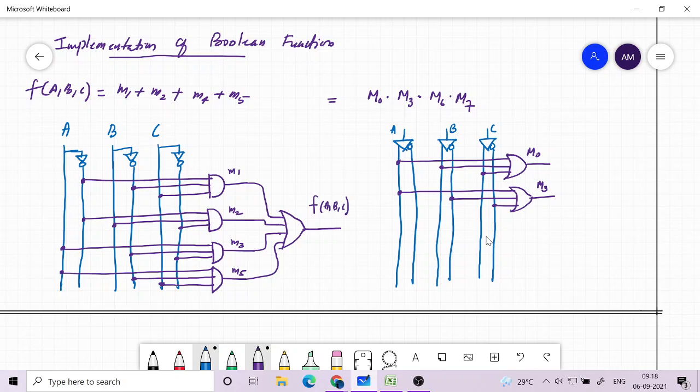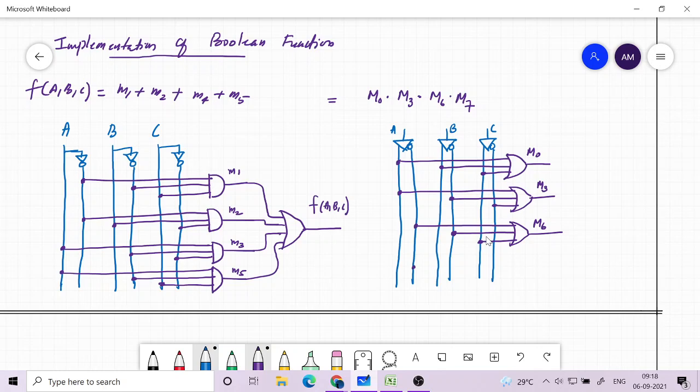Then M6, that is A bar, B bar, C. A bar, that is here, then B bar, and then C. So that is M6, and M7 is A bar plus B bar plus C bar.